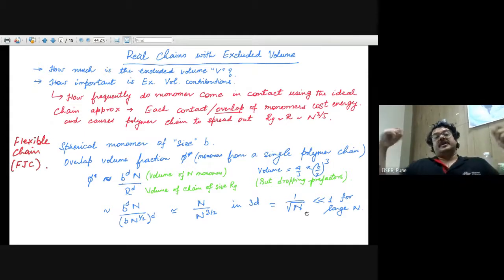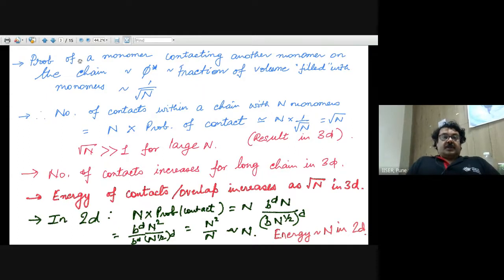If you have longer and longer chains, the overlap volume fraction decreases with increase in n. But the probability of a monomer getting in contact with another monomer on the chain is proportional to phi star.